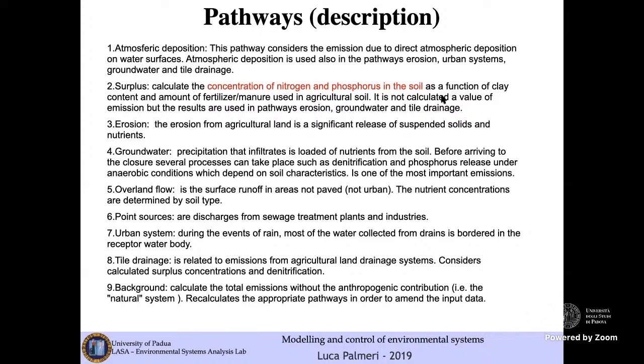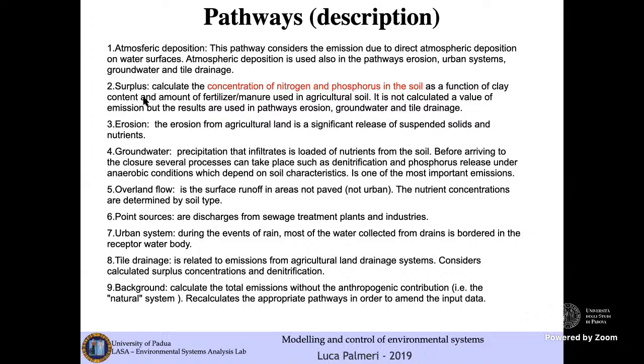Of course, the surplus pathway does not calculate a value of emissions, but its results are used in the pathways erosion, groundwater, and tile drainage. Erosion describes the erosion from agricultural land, but takes into account a significant release of suspended solids and nutrients. In particular, you may recall that phosphorus goes with the suspended solids.